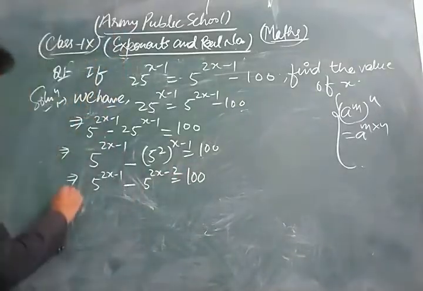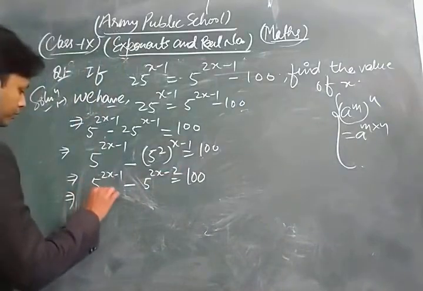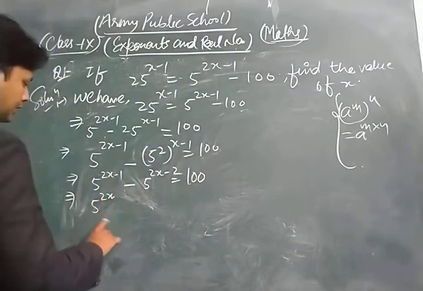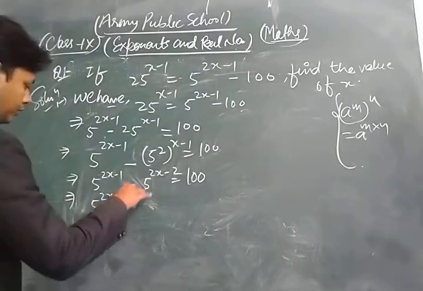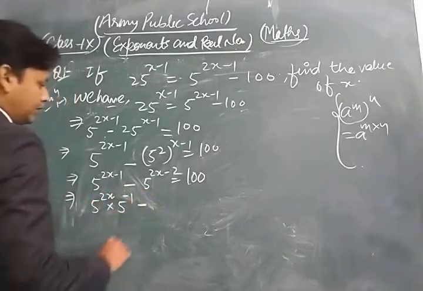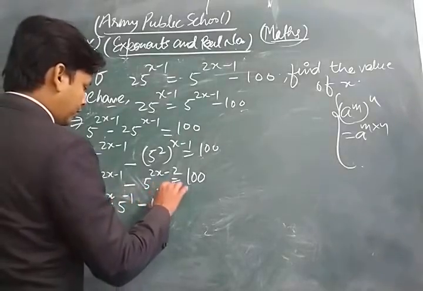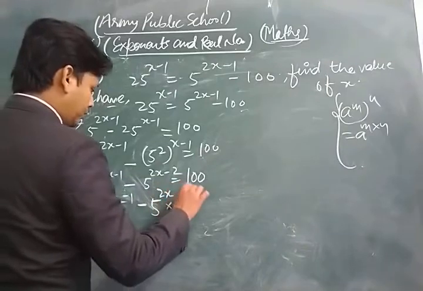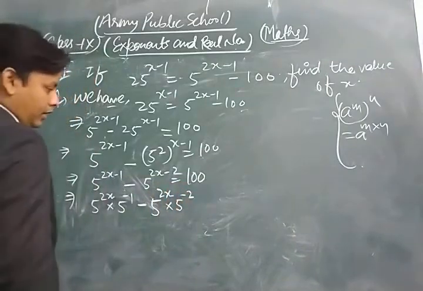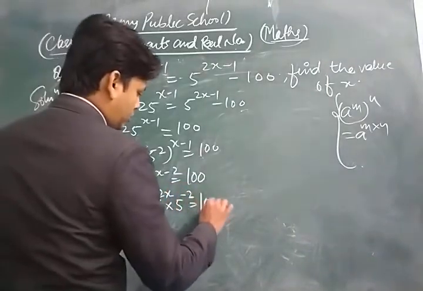Now we can write 5 power 2x into 5 power minus 1 minus 5 power 2x into 5 power minus 2 is equal to 100.